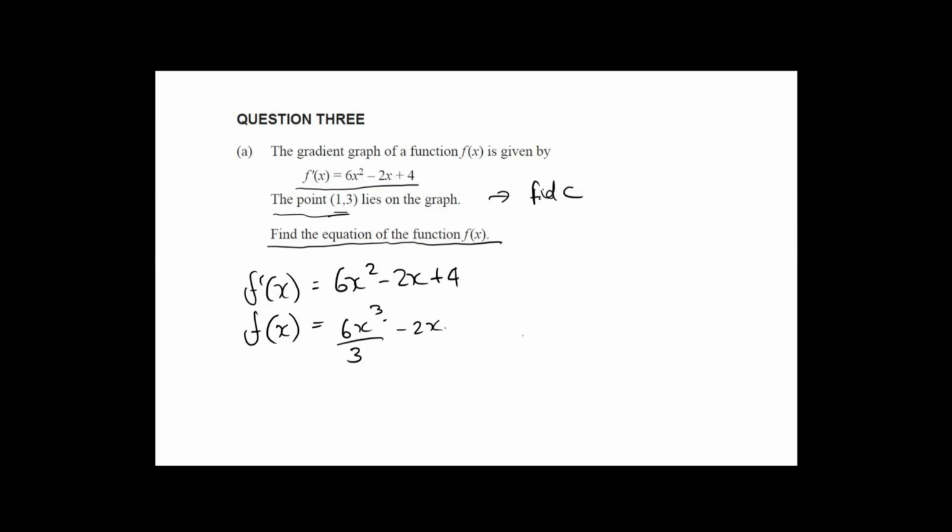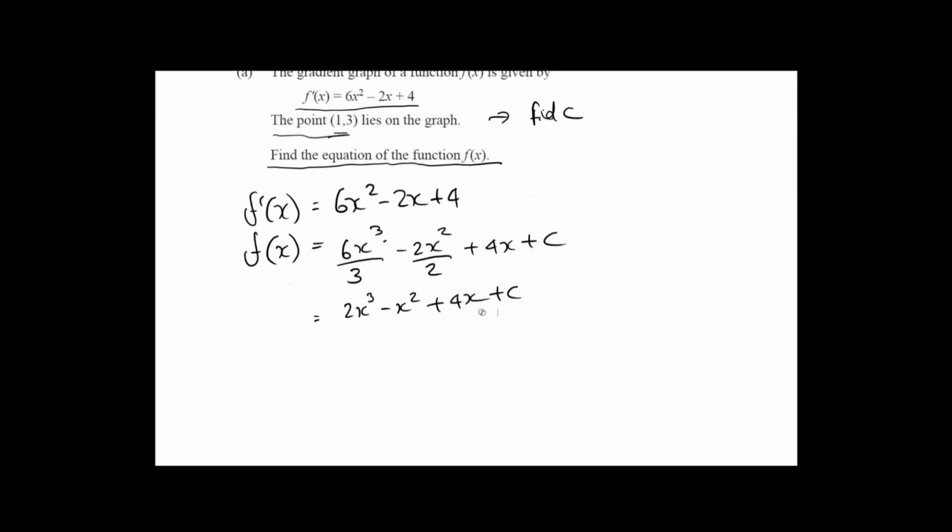The 2 stays there, the x stays there, it grows by 1, we have to divide by that number, and the 4 becomes 4x, and we can't forget the c. So let's simplify that a little bit. So 2x cubed minus x squared plus 4x plus c is our original function up to c, but we need to find out what that c is.